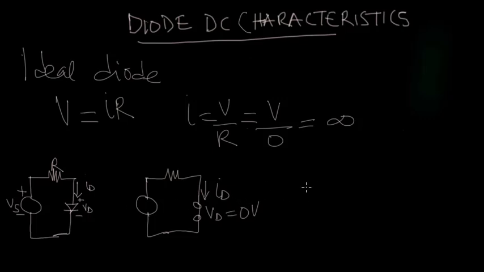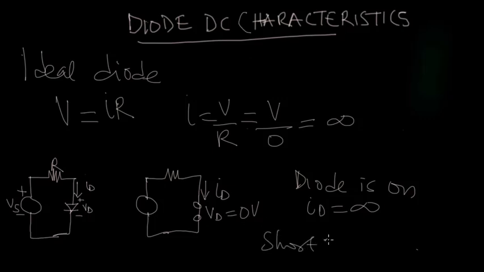So in this instance, the diode is on and the current ID is infinite. So the ideal diode behaves as a short circuit in the forward direction, allowing current to flow through the circuit. So that is for the ideal diode in the forward direction.